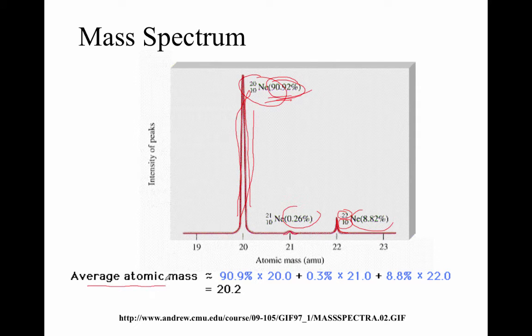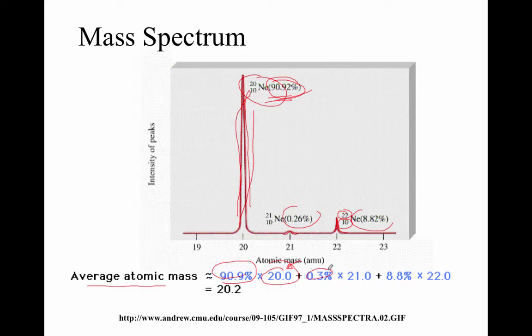Remember, to calculate an average atomic mass, you take the relative abundance, multiply it by its atomic mass for the individual isotope. You can sometimes use just the mass number. If they give you more information, then you should use that.